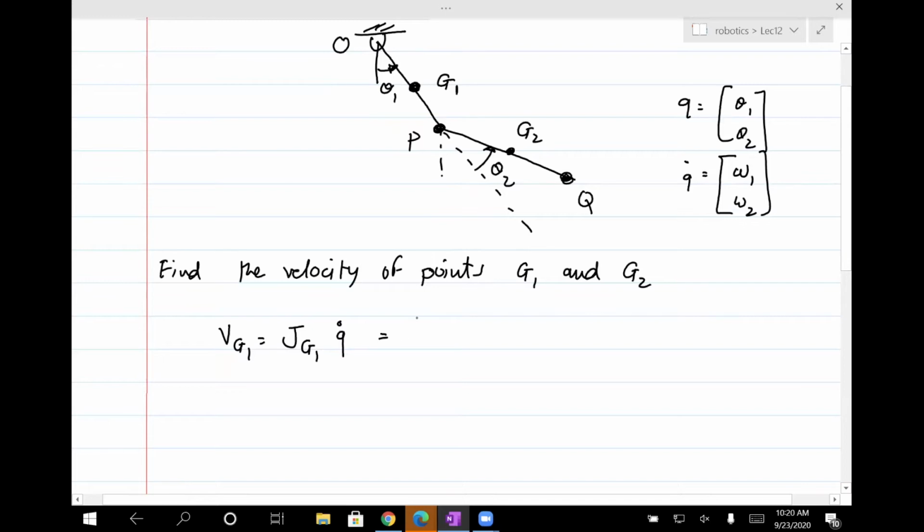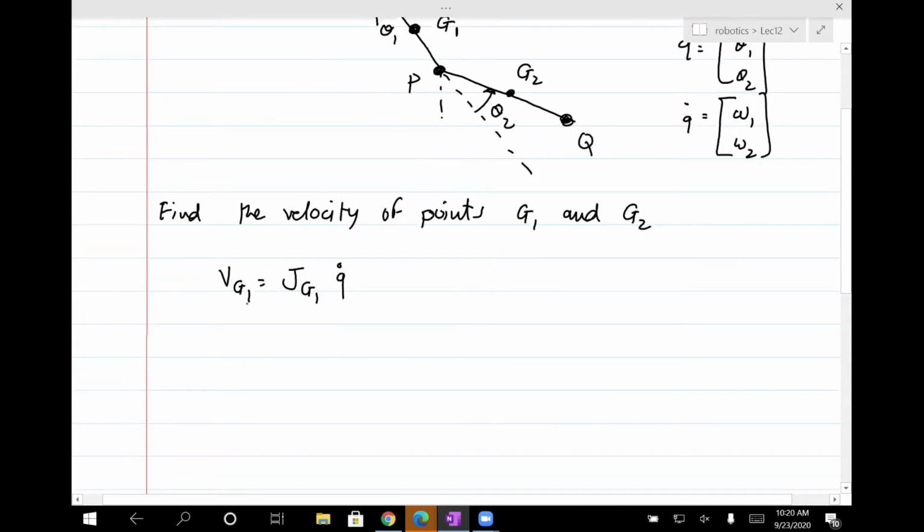So the Jacobian times q dot. Before we write that down, let's first identify what the Jacobian is. As I said, the Jacobian is the rate of change of f versus q.